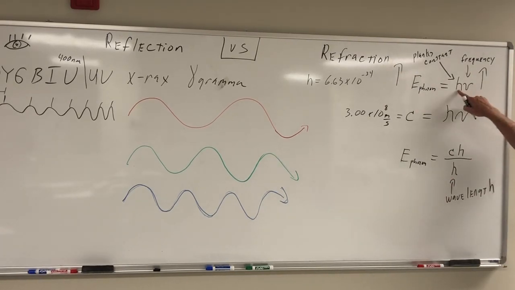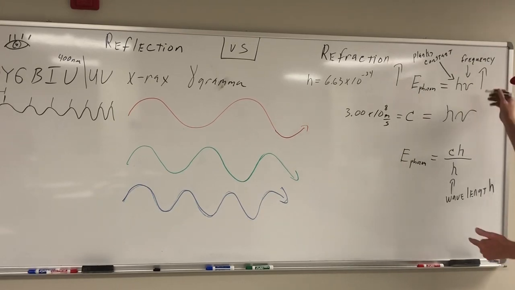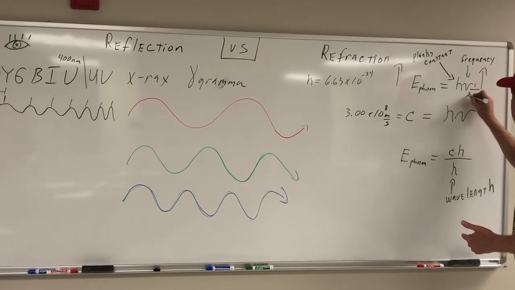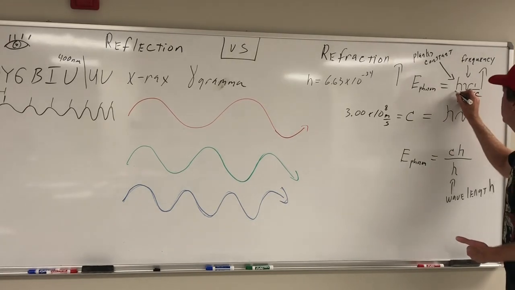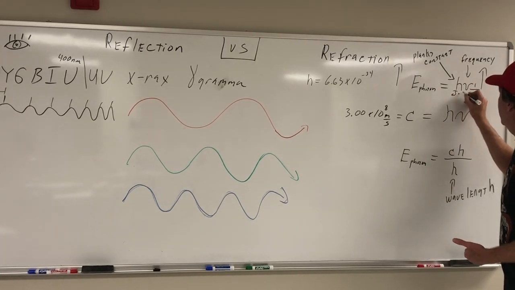Anyway, let's take a look here. We want to write the units for Planck's constant. So since this is cycles per second, I know that I've got seconds in the denominator. So there I have 1 over seconds, or the inverse of seconds. That is cycles per second. We're not going to write the cycles, that's implied. Well, energy is going to be in joules, so the units for this are going to be joules times seconds.